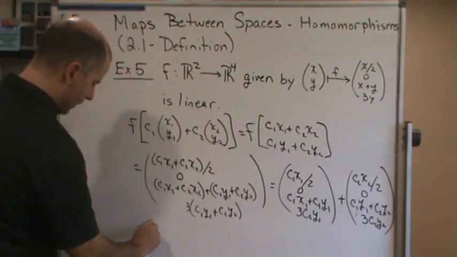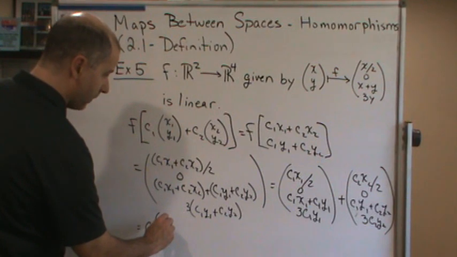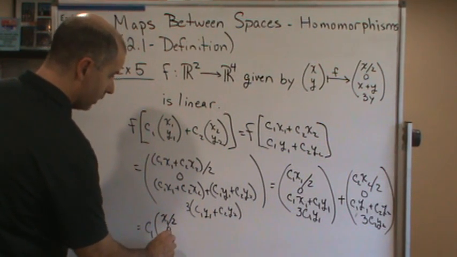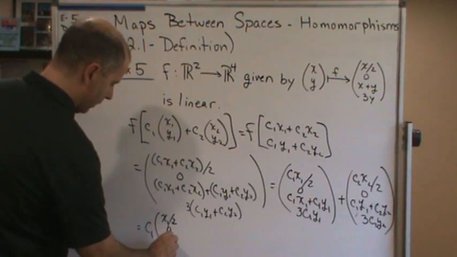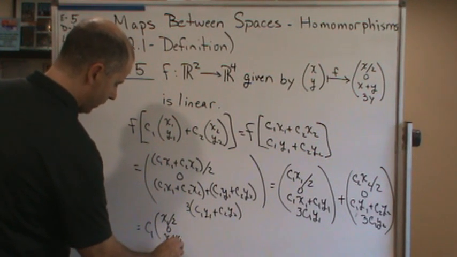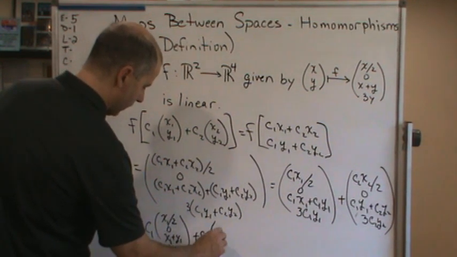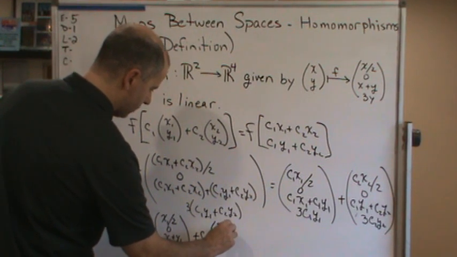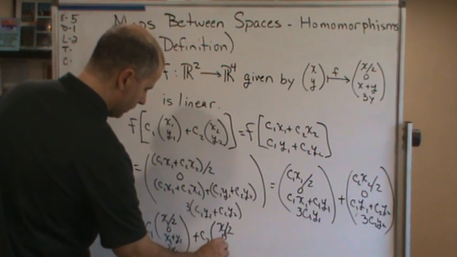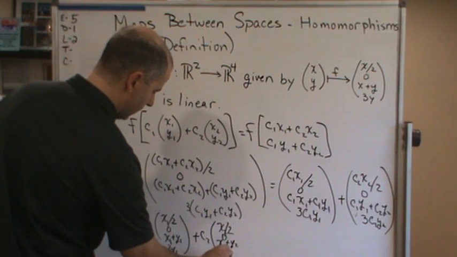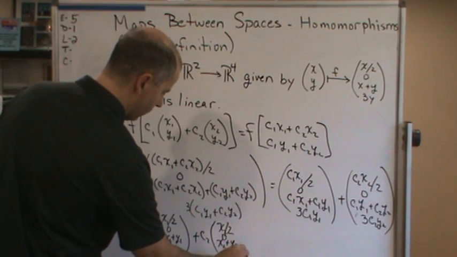So this is actually now c1 times (x1 divided by 2, 0, x1 plus y1, and 3 y1) plus c2 times (x2 divided by 2, 0, x2 plus y2, and 3 times y2).